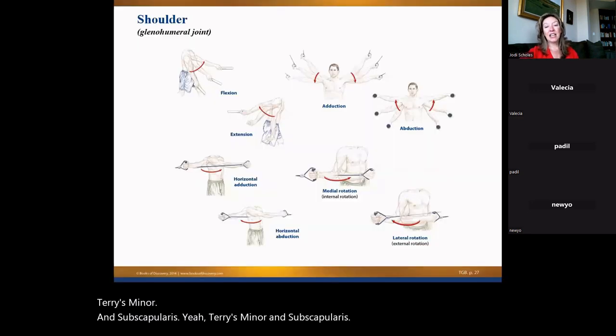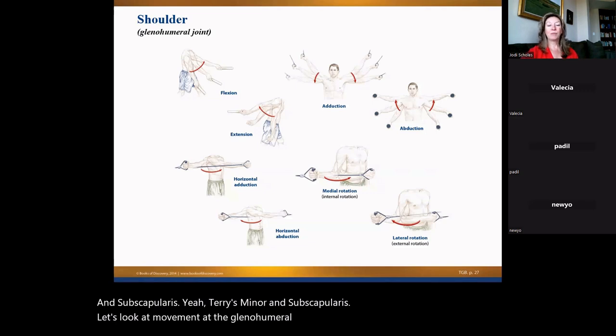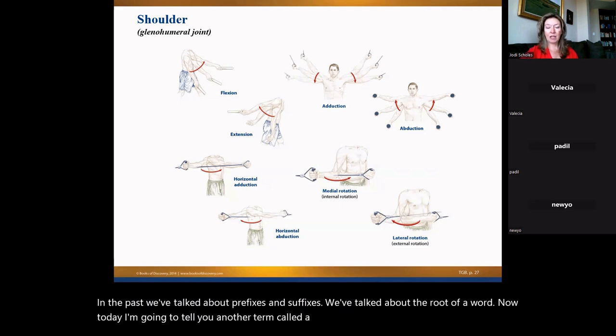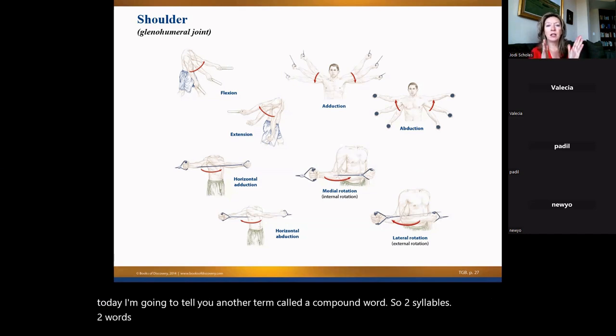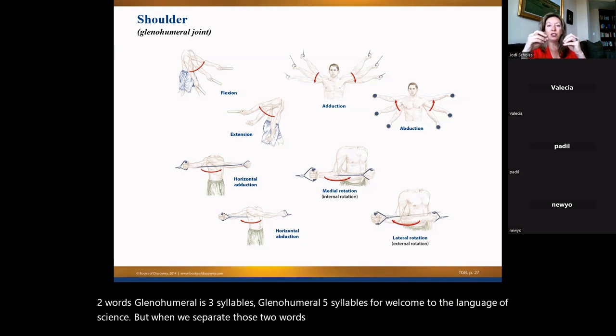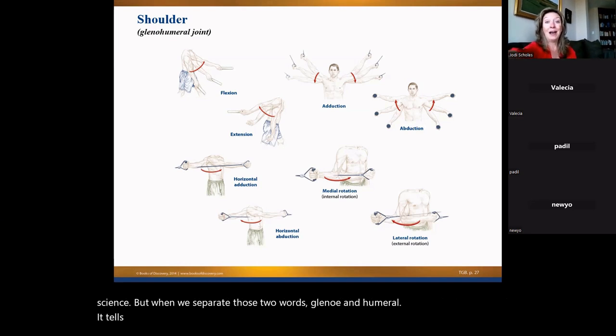Let's look at movement at the glenohumeral joint. In the past, we've talked about prefixes and suffixes. We've talked about the root of a word. Now, today, I'm going to tell you another term called a compound word. Glenohumeral is five syllables. Welcome to the language of science. But when we separate those two words, gleno and humeral, it tells us where we are in the body.